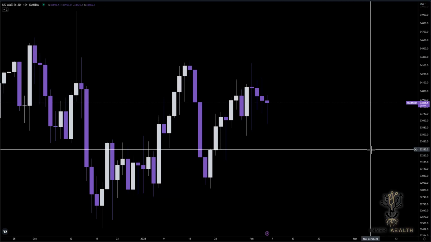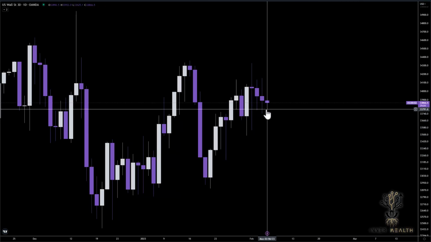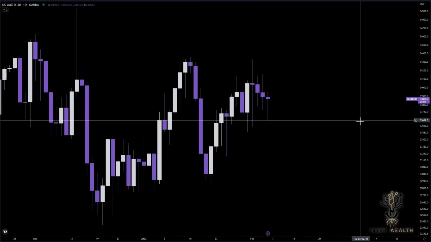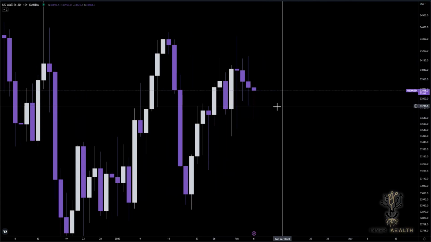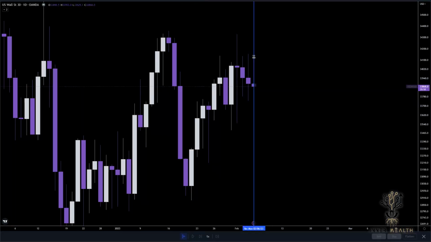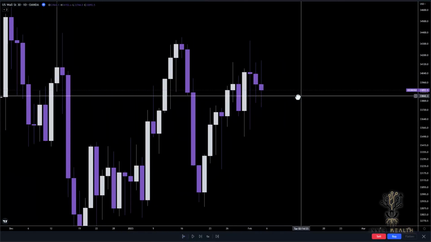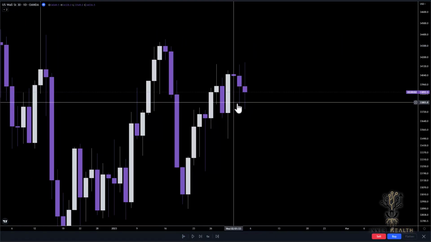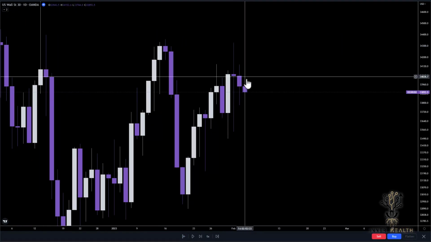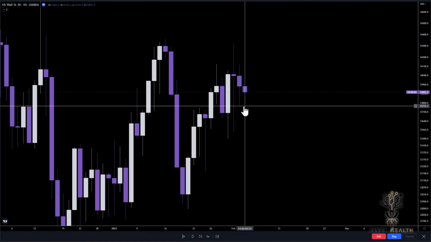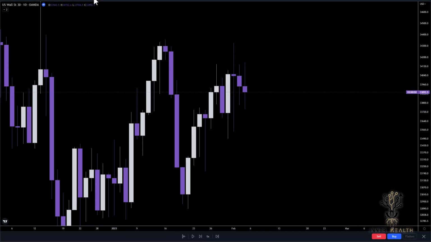Okay, so cool. Here you guys can see on a daily time frame, Dow Jones. Before today started, I really like the fact that we had taken that Thursday's low here on Friday.